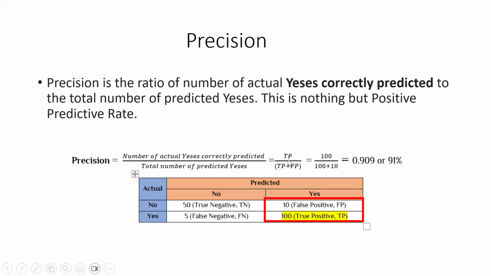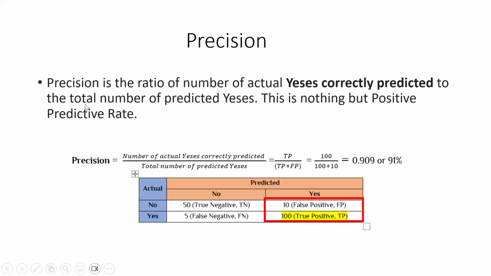That means how many times the X-ray predicted fracture correctly, divided by the total number of times the X-ray predicted fractures.